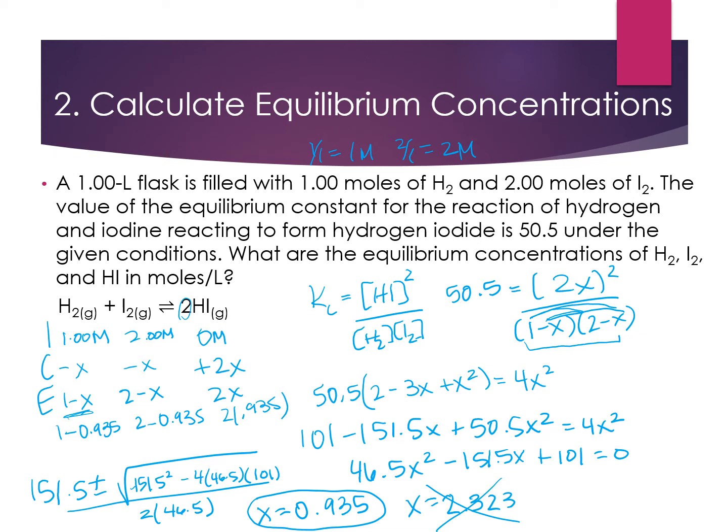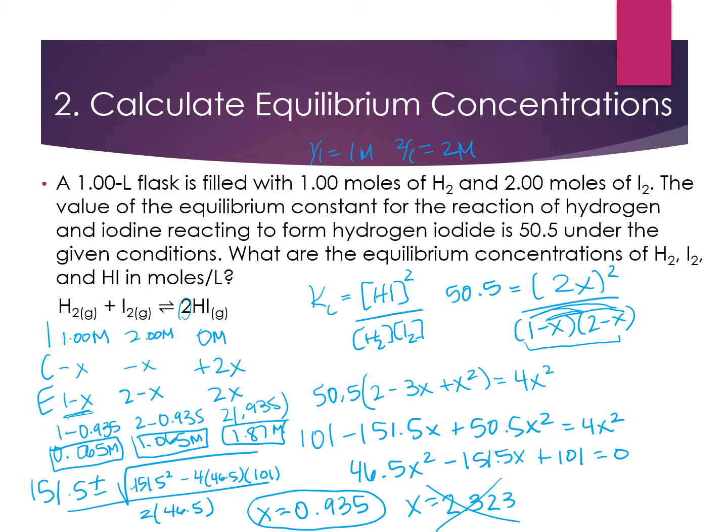So then my equilibrium concentrations are 0.065, 1.065, and 1.87. Okay, so that right there is kind of as hard as it gets.